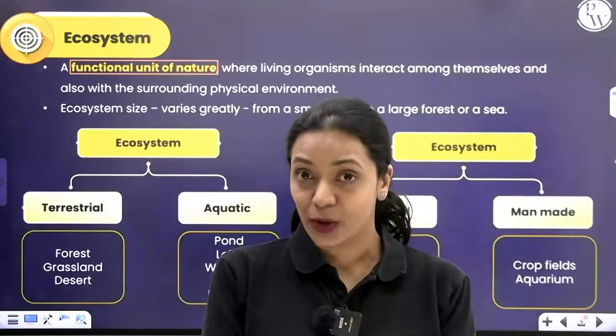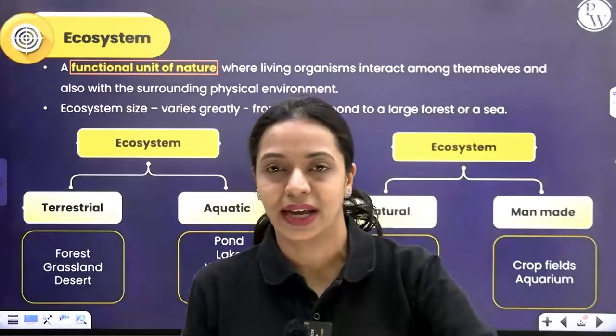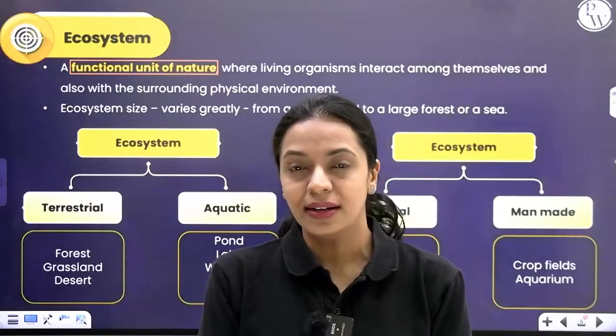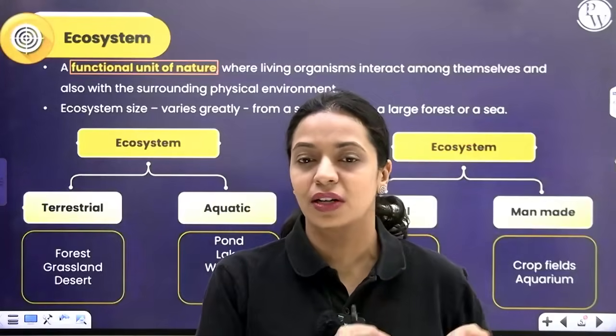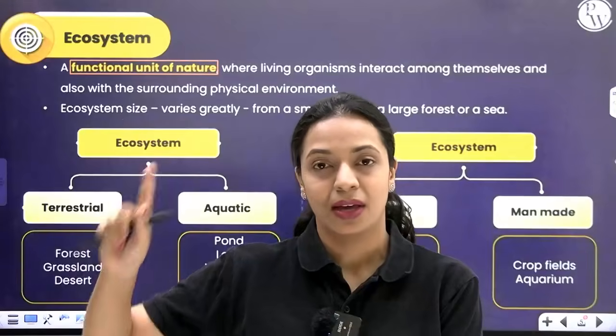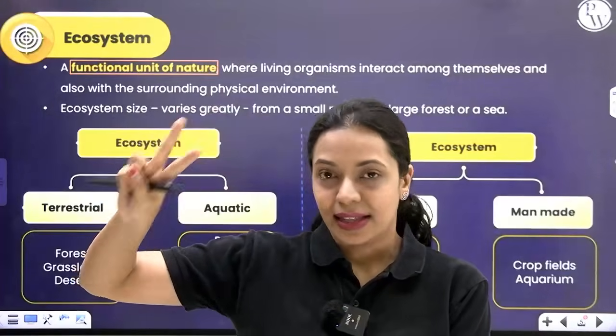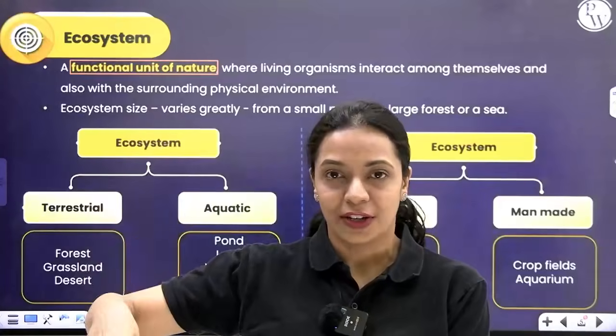So since ecosystem is the first level in biological organization where both biotic and abiotic components are considered, we say that ecosystem is the functional unit of nature. Think about all of the levels that come before ecosystem. Macromolecules, cells, tissues, organs, organism, population, community.